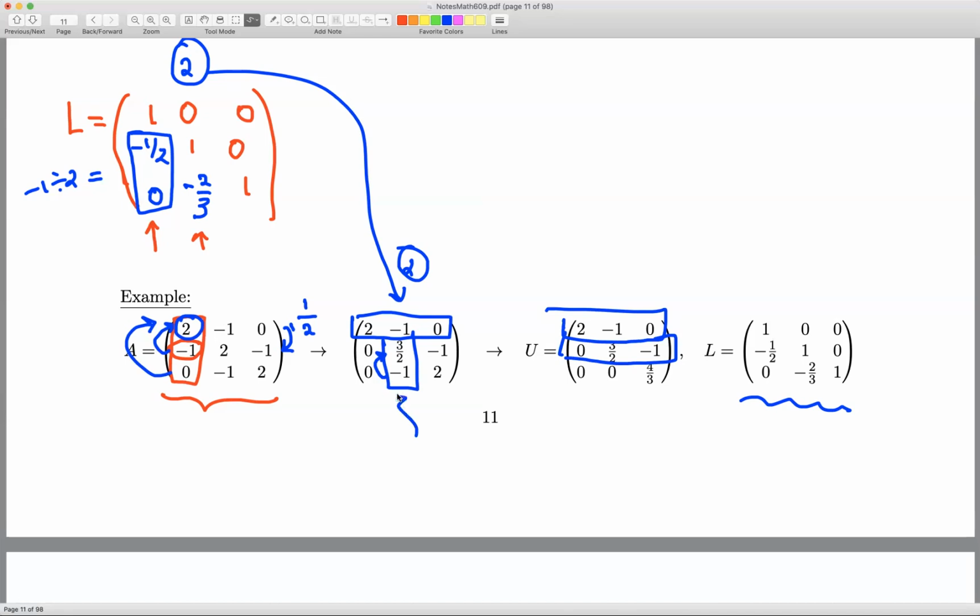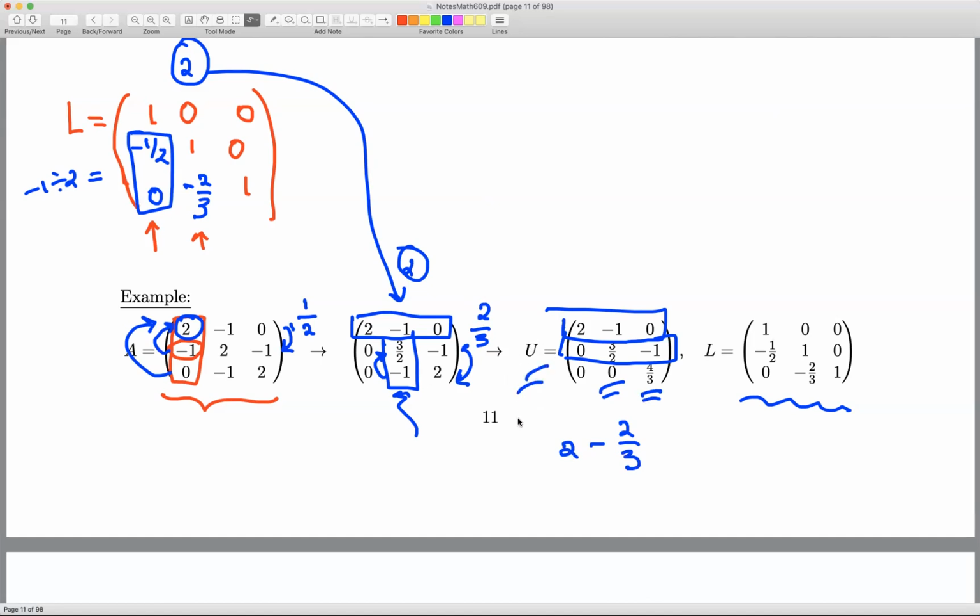And now I want to modify this. What do I multiply the second row by, to add to the third in order to make this term 0? So I multiply by 2/3. And when I add, I know that I will end up here with 0. So I have 2 plus -1 times 2/3, which is 2 minus 2/3, which will give me 4/3.